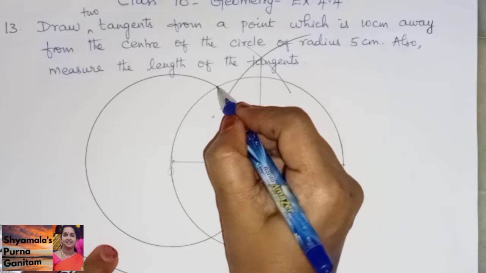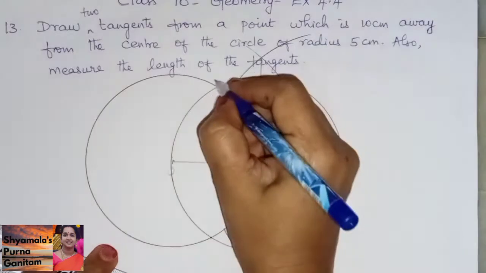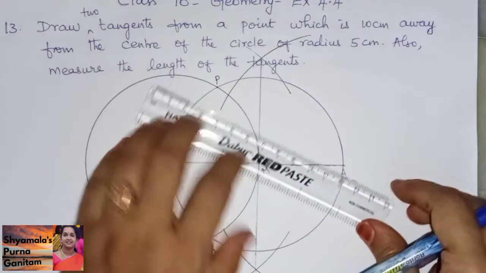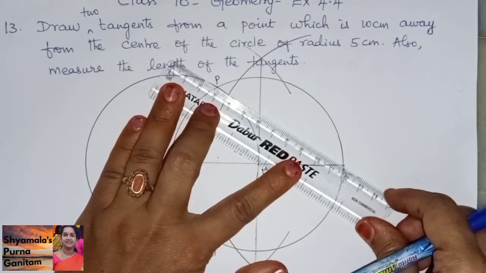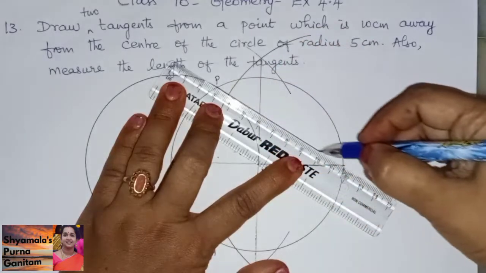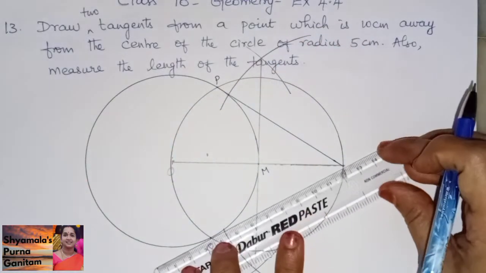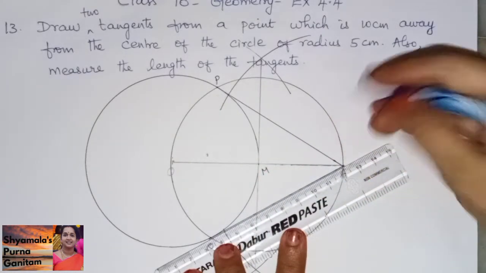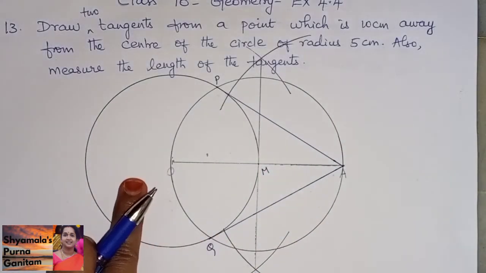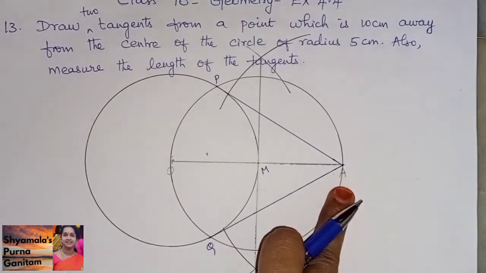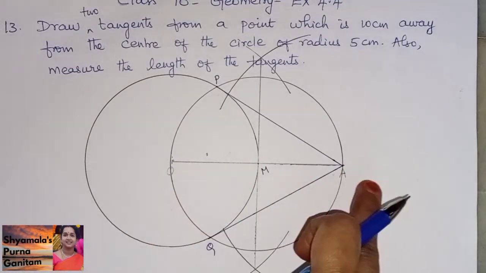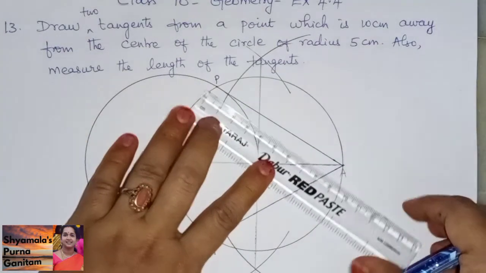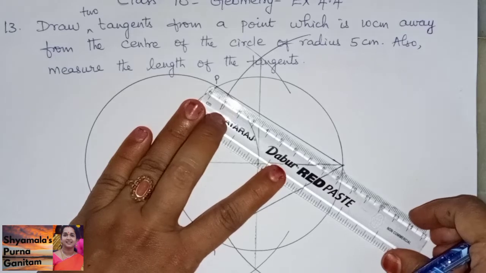So I got 2 points here, P and Q. So when I join PA and QA, that will be the tangents for the circle with radius 5 centimeter from the point A, that is 10 centimeter away from the circle.